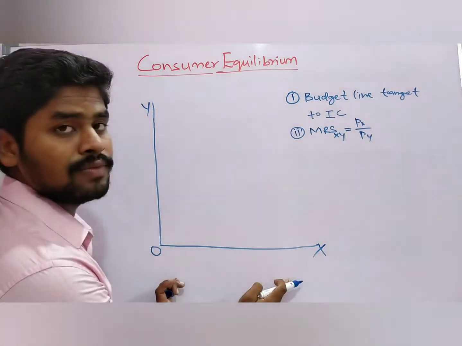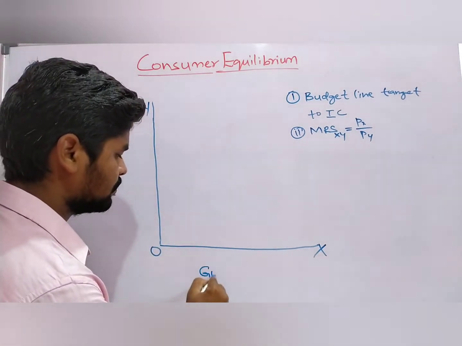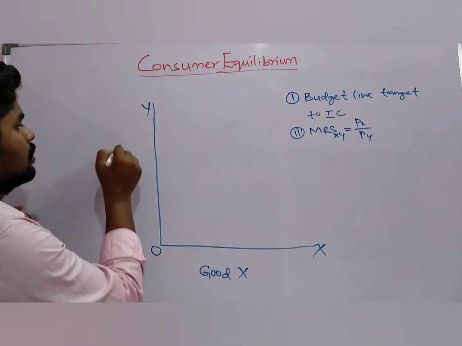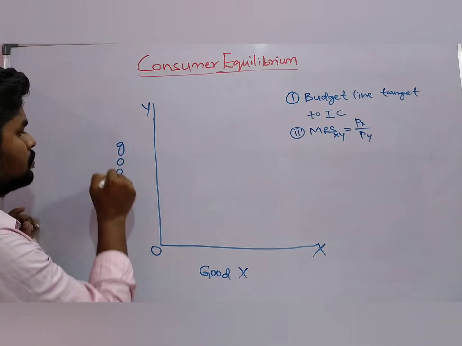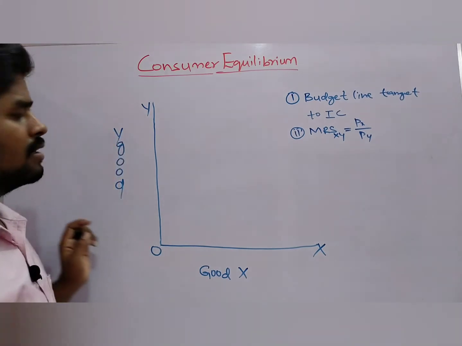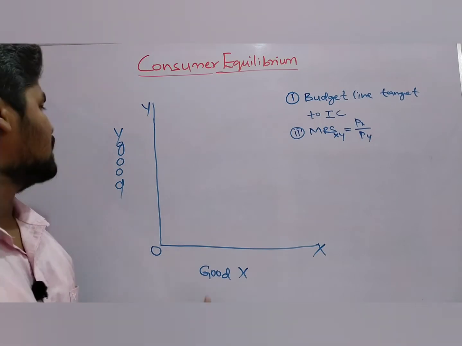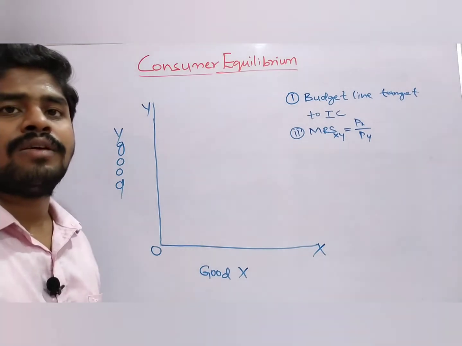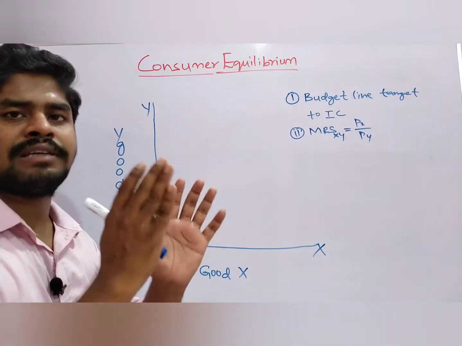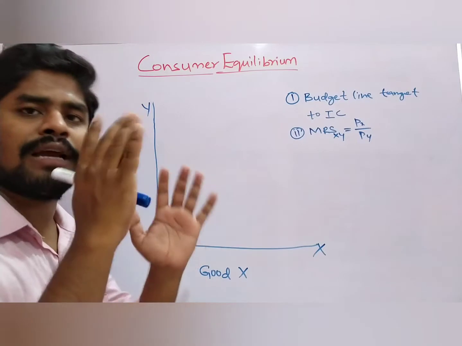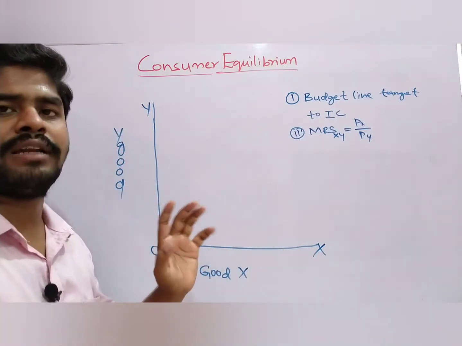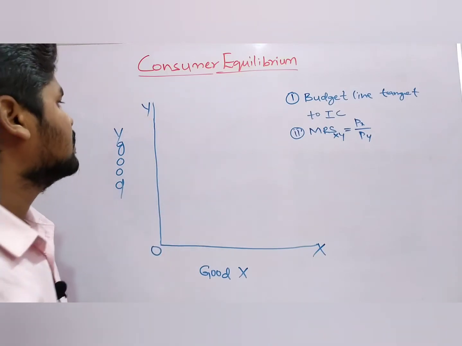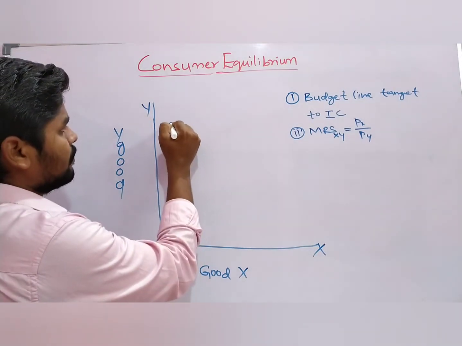On the x-axis we take good X, and on the y-axis we take good Y. First, we understand with the help of the indifference curve map and the budget line. These two tools will help us get consumer equilibrium. The first is the indifference map.